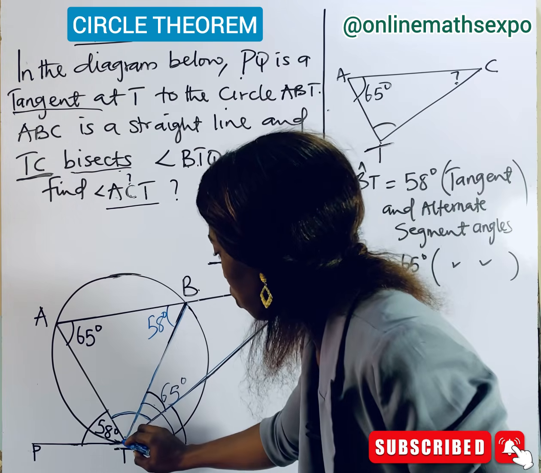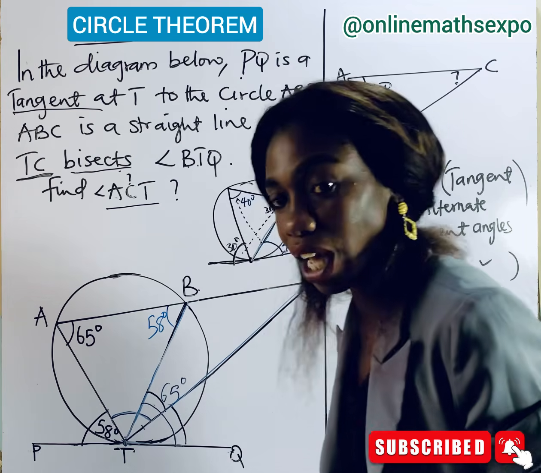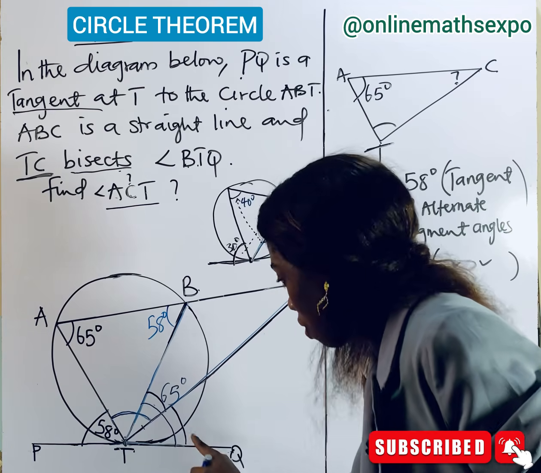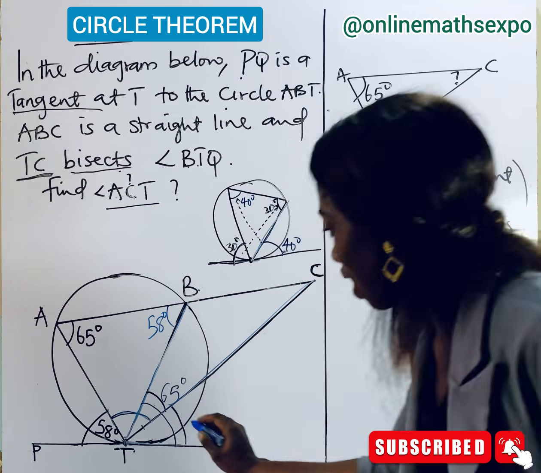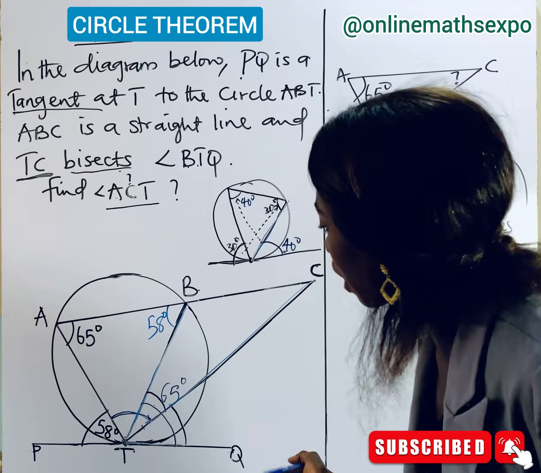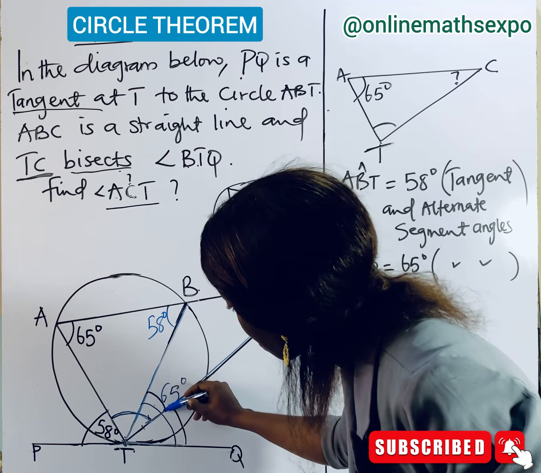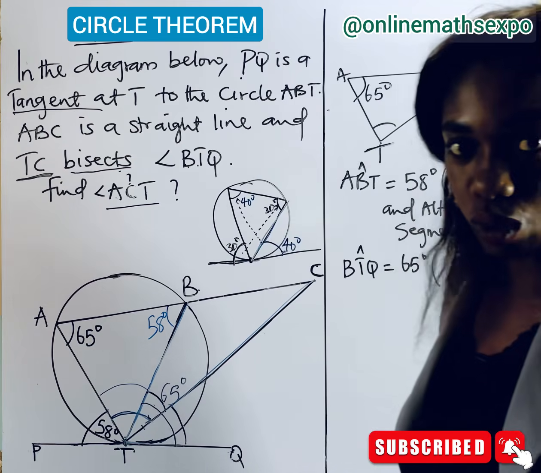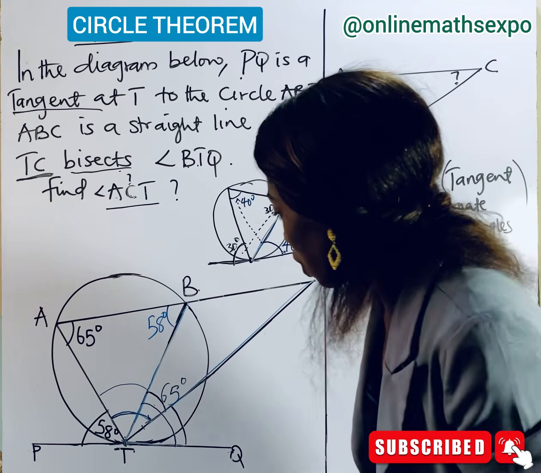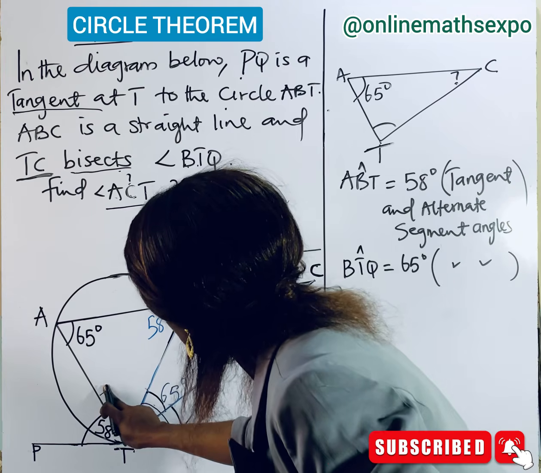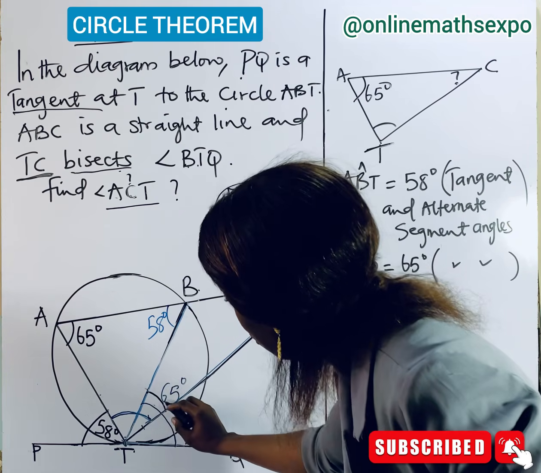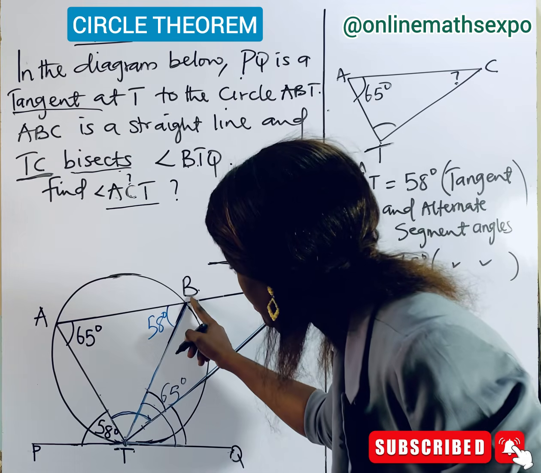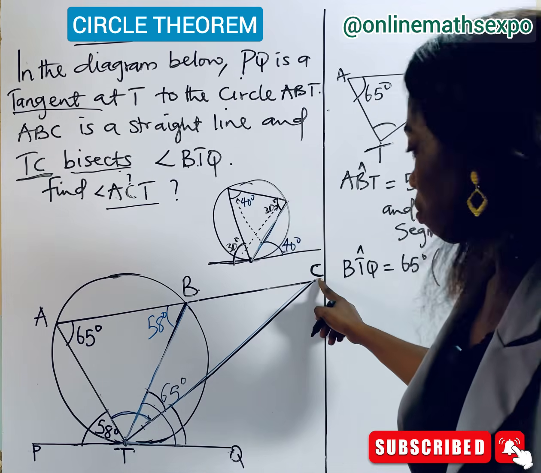Did you see this one also going to A? So what we are looking for is this angle and not really the whole of it, including this. I hope this is clear. So what it means is that if we can get the half of this, then get this inside angle, it will give us what we are looking for. So to do that, what do we do? What we need to do is to now get this half of it, because it's dividing it into equal parts, is going to give us BTQ, BTC.